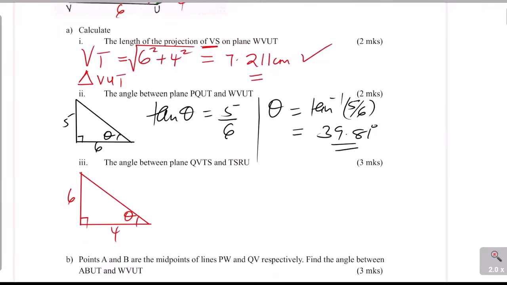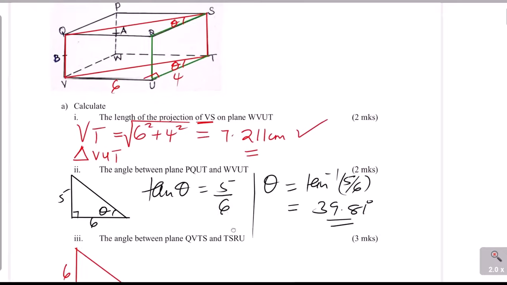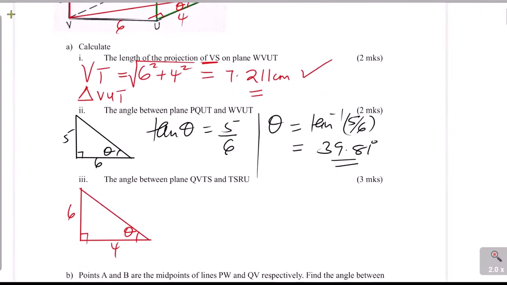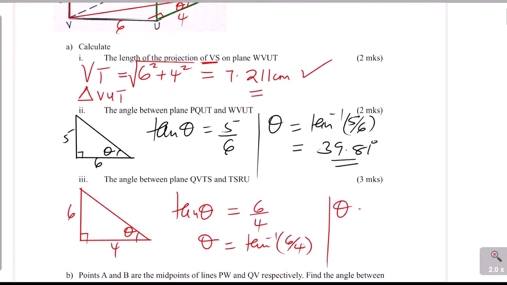The angle we require is the one I've indicated there. Again, you're going to use tangent. Tan of theta is equal to opposite divided by adjacent. So theta will be the tan inverse of 6 divided by 4, and this will give the angle as 56.31.